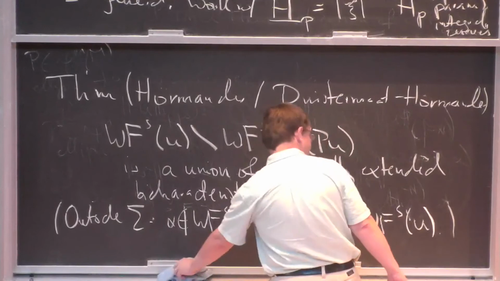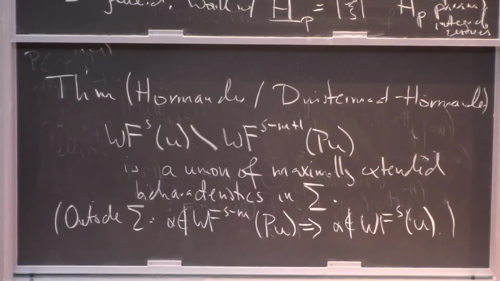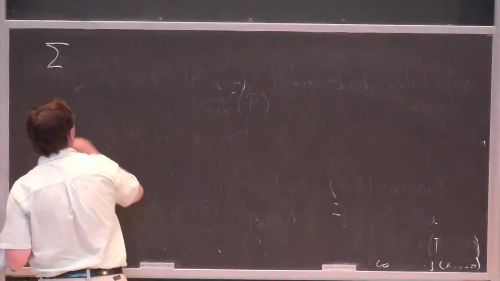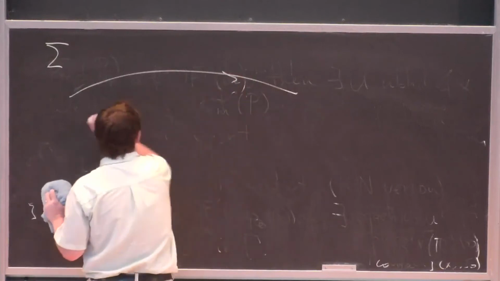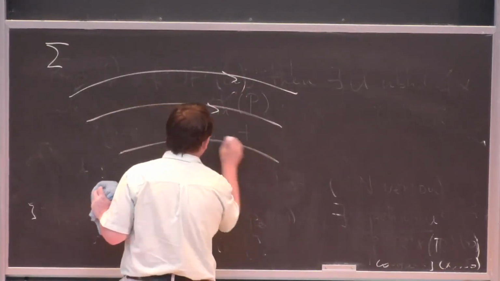Schuben described. Okay, so let me just draw a picture. That picture has too few dimensions. So I'm just going to draw sigma. The whole board is sigma. I cannot really draw good pictures in general. So my board is sigma, and these are my integral curves of HP.